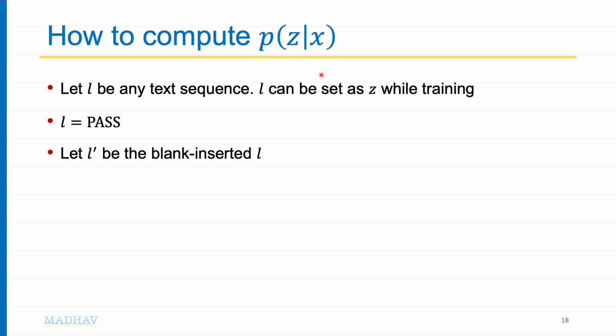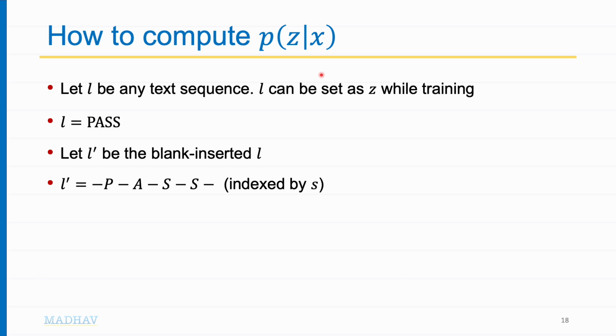First of all, from L, we will construct L dash. What is L dash? It's the blank inserted version of L. What is that? Dash P dash A dash S dash S dash. If I apply operator B on this, I will get back L, right?